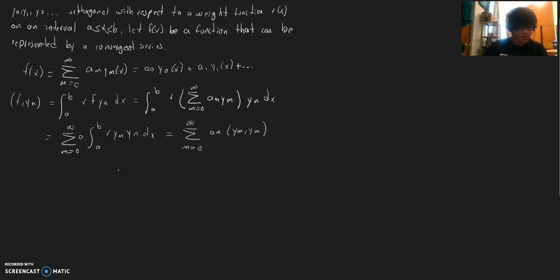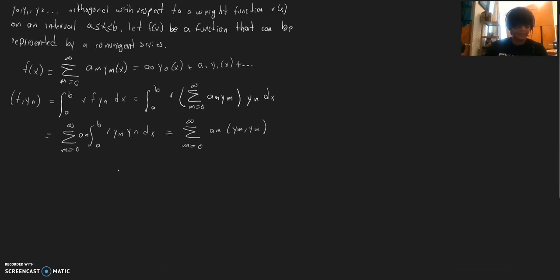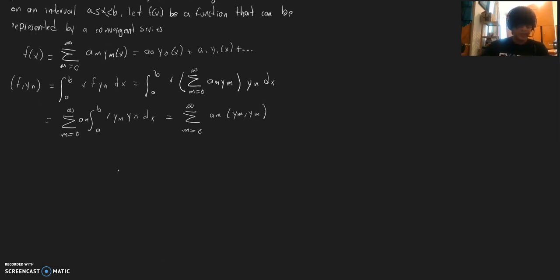Now, because of orthogonality, the result of the previous integral will be equal to 0, as we have previously mentioned, except when m is equal to n.